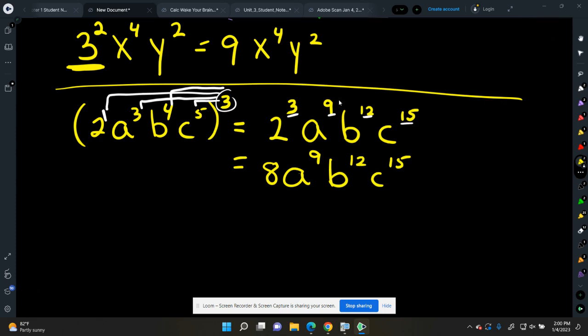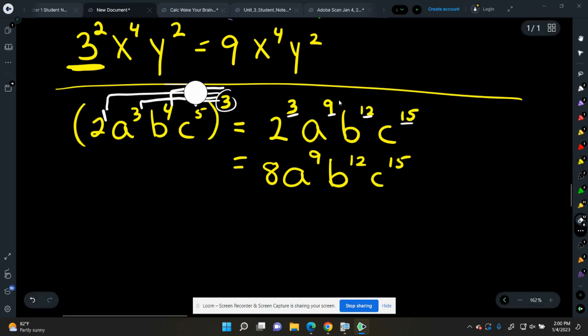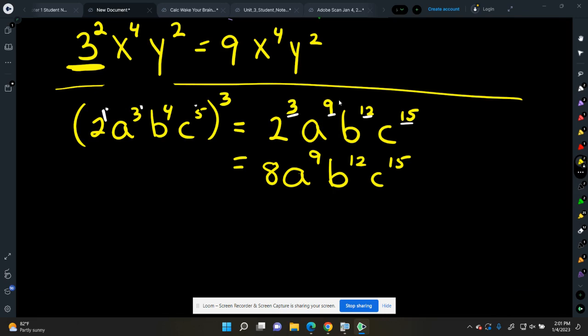Okay. So when we multiply, what do we do with the exponents? We add them. When we divide, what do we do with the exponents? Subtract. When we have an exponent outside the parenthesis, we multiply.